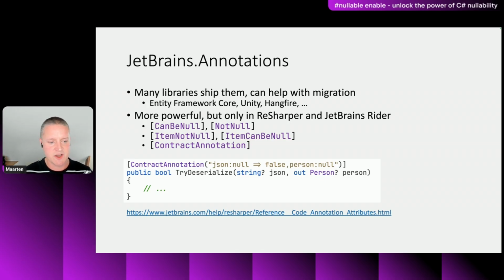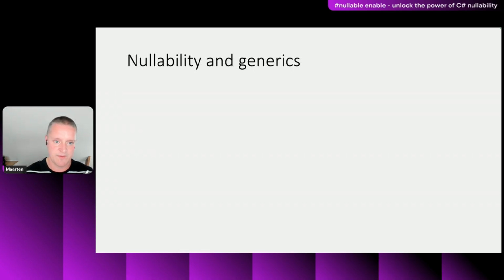I actually like the contract annotation there a lot, because the syntax is a little bit easier than that not null when that the C# team shipped, where you can just say, okay, if the JSON is null, then this is going to return false. So it reads a little bit nicer, but you're lucky if you're consuming anything that uses JetBrains annotations, you will also get the help or the nullability assistance from the IDE there as well.